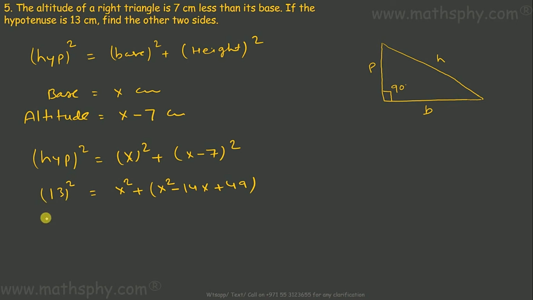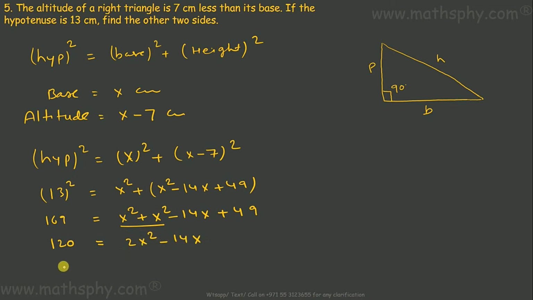So this will be 169 equals x squared plus x squared minus 14x plus 49. This comes to this side, so 169 minus 49 gives you 120 equals this plus this, which is 2x squared minus 14x.